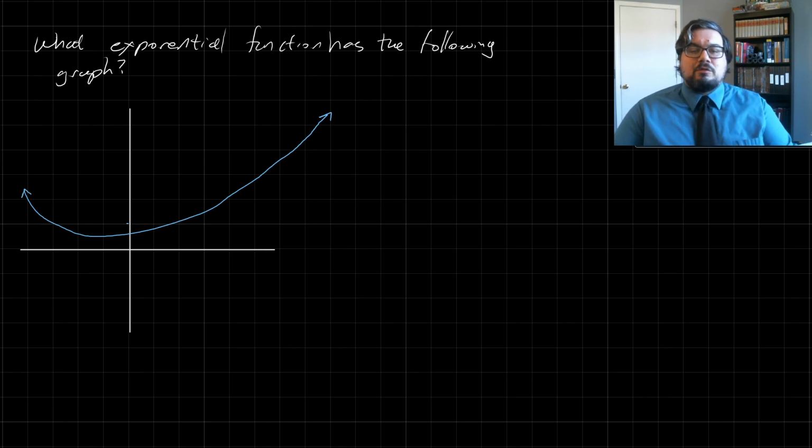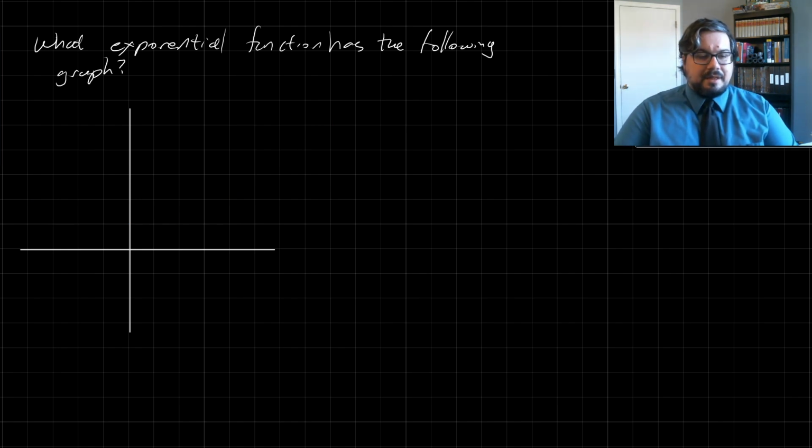Well, this we can tell right away is not the graph of an exponential function. And we know that because an exponential function is either increasing everywhere or decreasing everywhere. This function is not doing that. This function is decreasing on the left side of the graph and increasing on the right side. It doesn't even have a horizontal asymptote. This simply is not the graph of any exponential function.